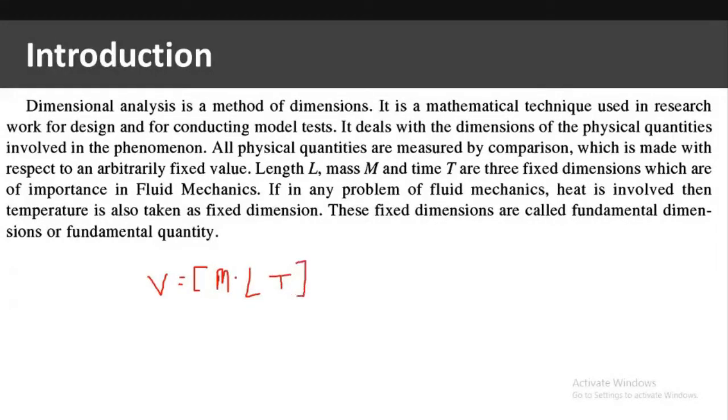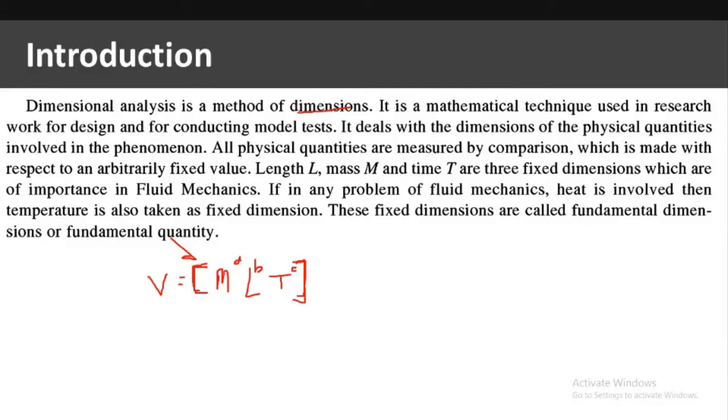When you denote it in this form, it is called dimension. Dimensions are always indicated in square brackets, and they are denoted by the index M to the power a, L to the power b, T to the power c.